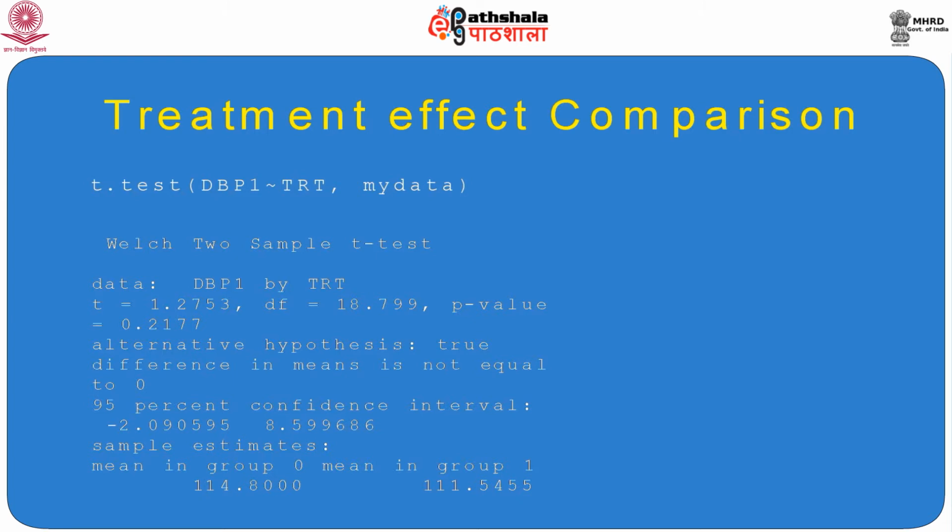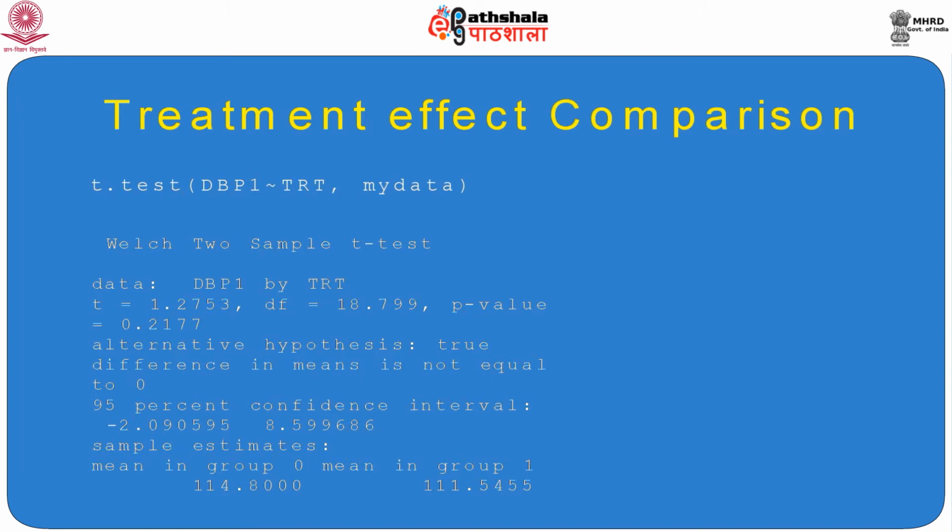Whatever we saw graphically by box plot, that the treatments did not differ in terms of their selections, this p value also shows that there is no significant difference in their mean DBP value. Along with the p value, we also get the 95% confidence interval of this mean difference.